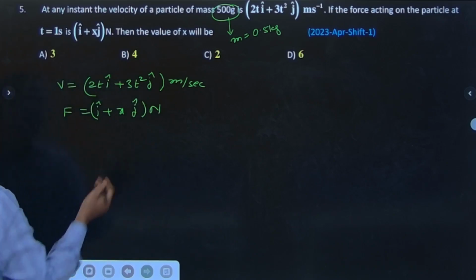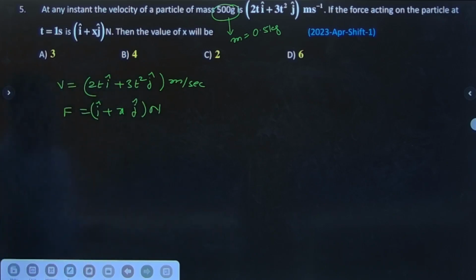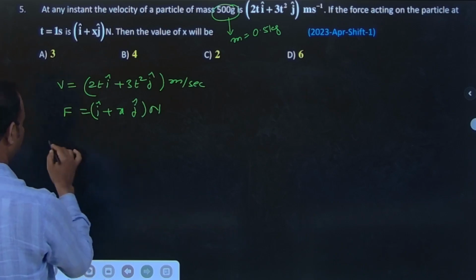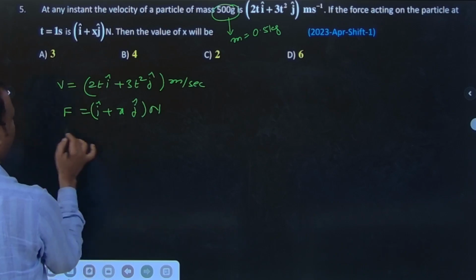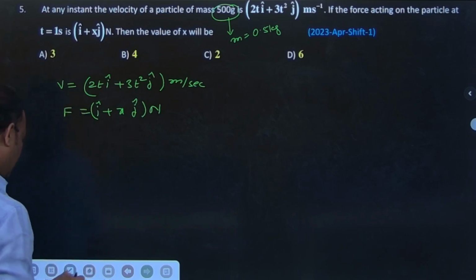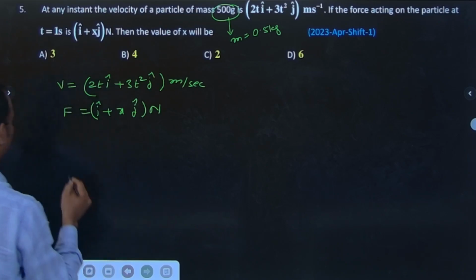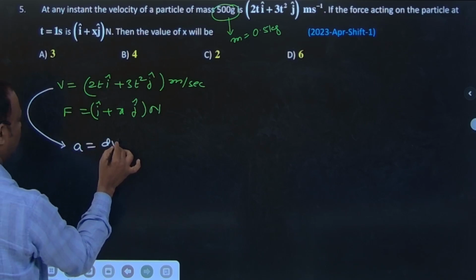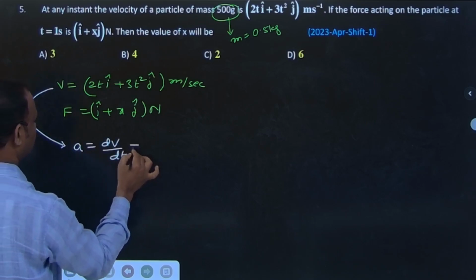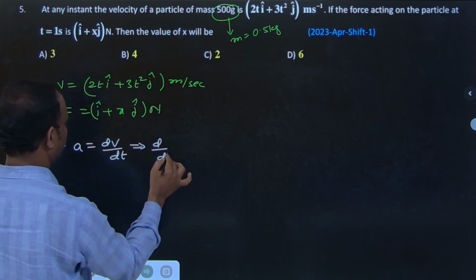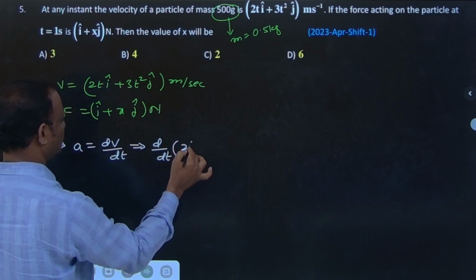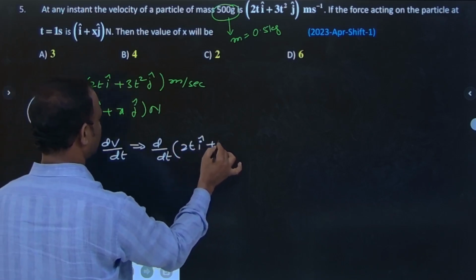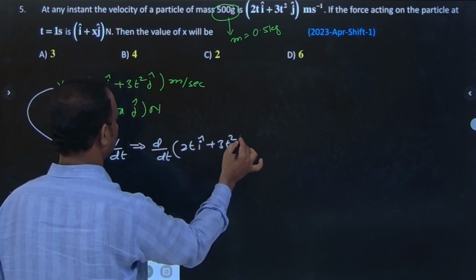So this is the general equation for differentiation, and for force we need to take this F. From here, first I need to find acceleration. So a is equal to dv by dt, which is d by dt of (2t i cap plus 3t² j cap).